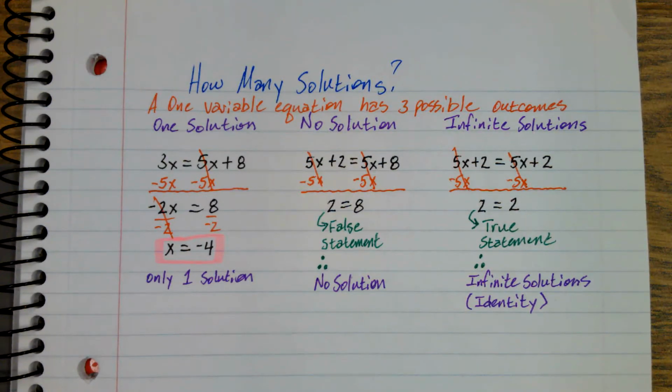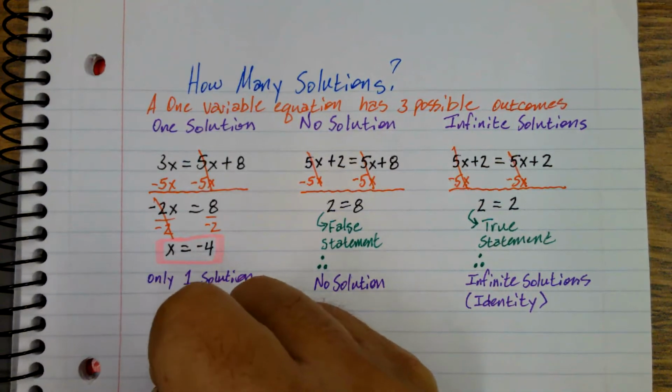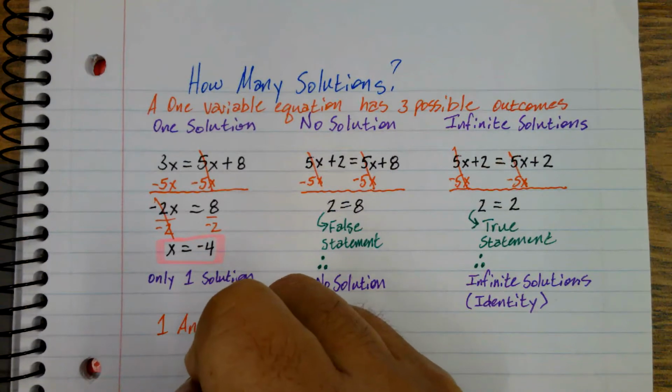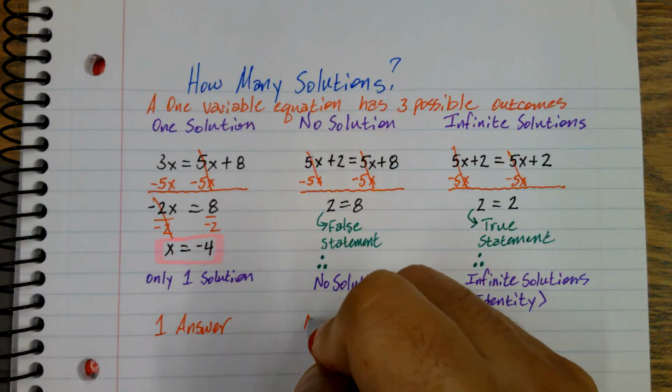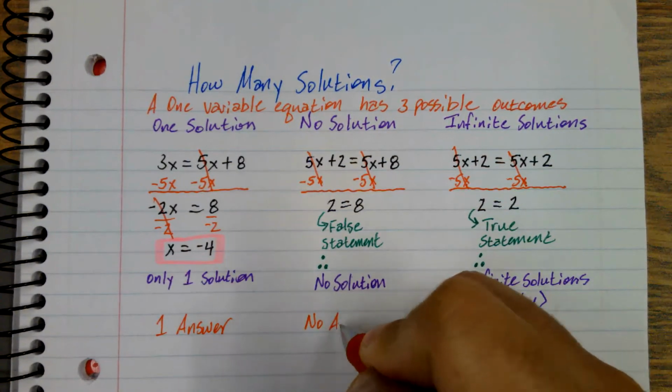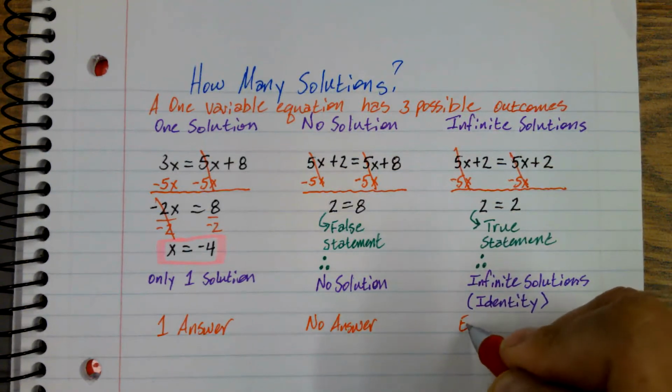That means every number is an answer. So the bottom line, what's really going on? Okay, here is what's really going on. In the end, we get one answer, no answer, every number is an answer.